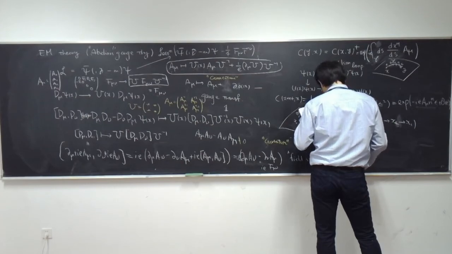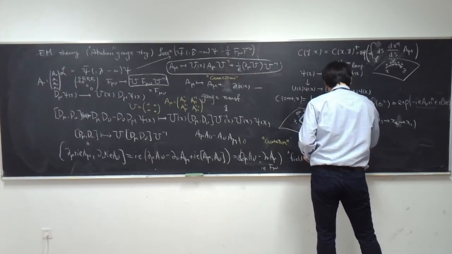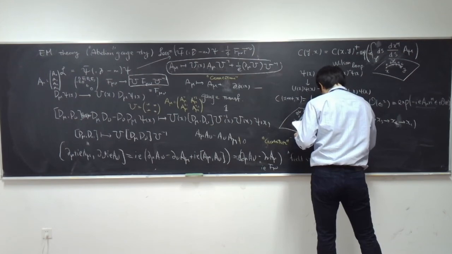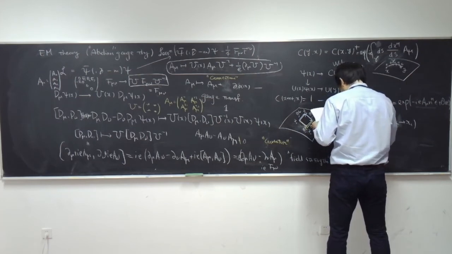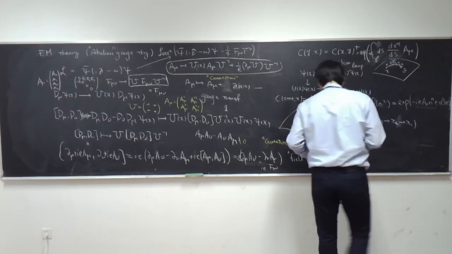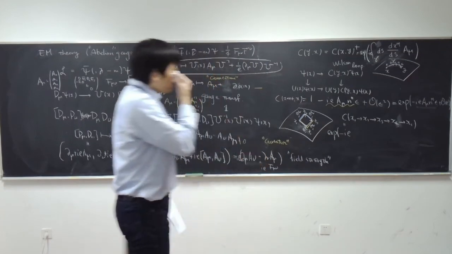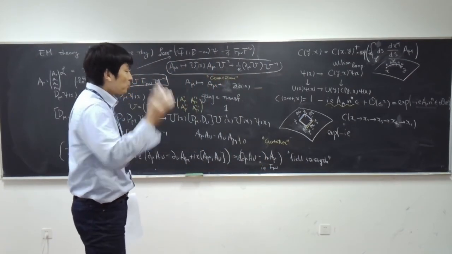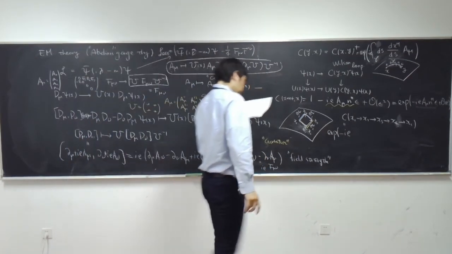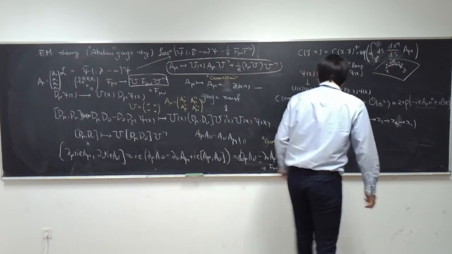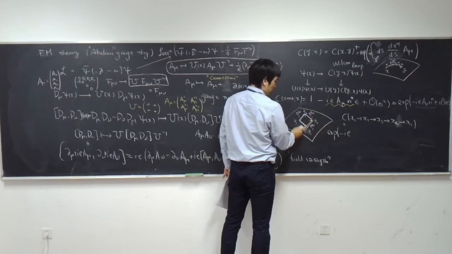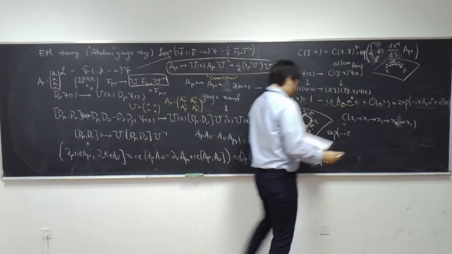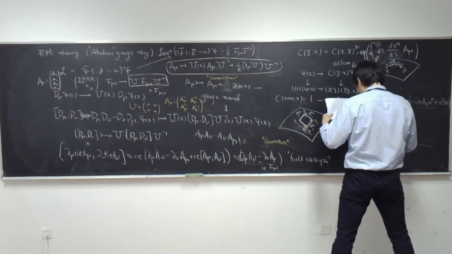Essentially what you would write down is equal to the exponential of minus i e, and then you can project, for instance, to the 1 and 2 plane, so that one can write down the following.